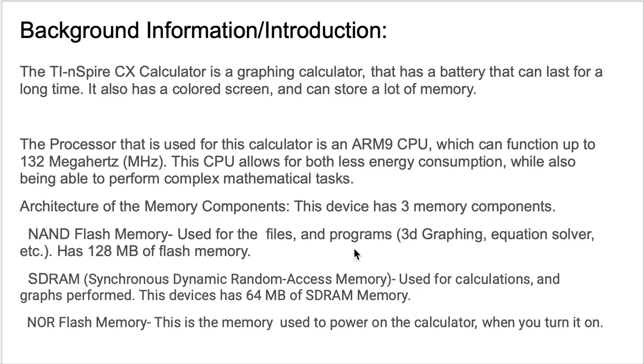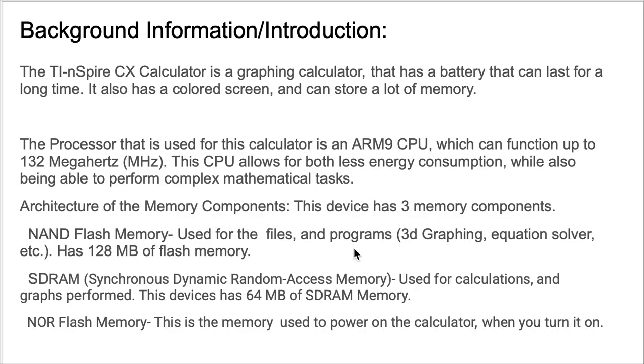Though calculations can be complex, this memory is a more basic form of memory. It's still pretty advanced nonetheless. It can be used for various calculations and even graphs. It can graph various things. And the calculator has 64 megabytes of SD-RAM memory.